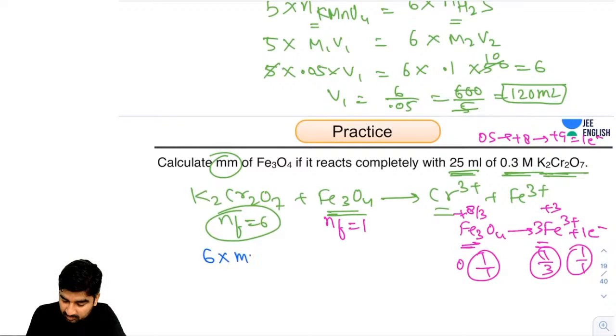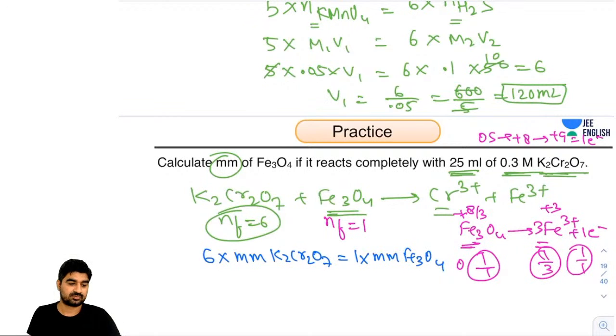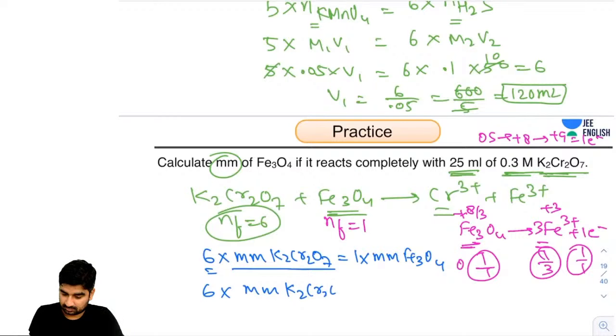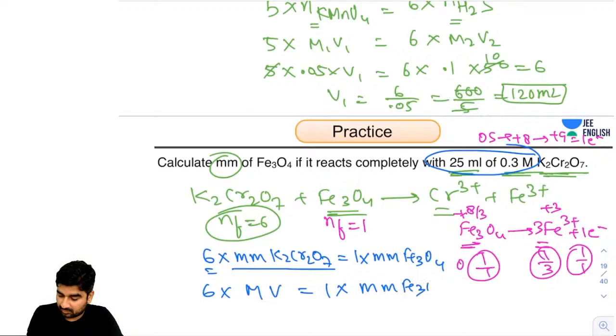Now it is 6 into millimoles of K2Cr2O7 equals 1 into millimoles of Fe3O4. Done. So you get 6 into millimoles of this, and you have to calculate it. It is given, so molarity into volume you can do: M into V, and 1 into millimoles of Fe3O4.